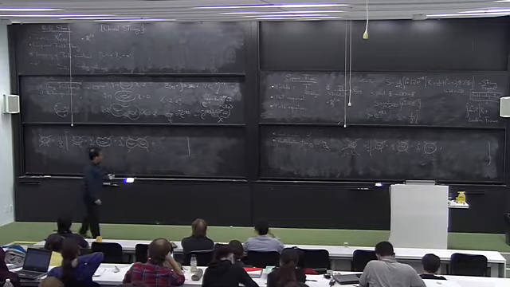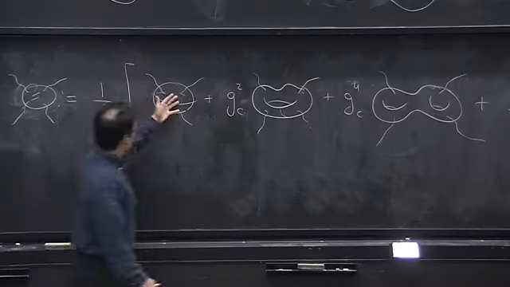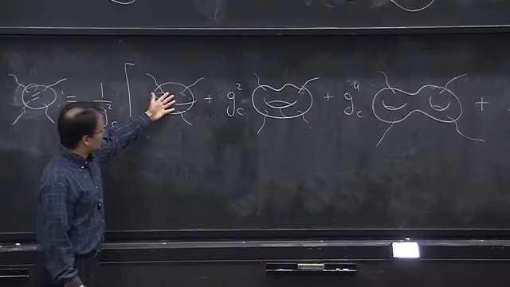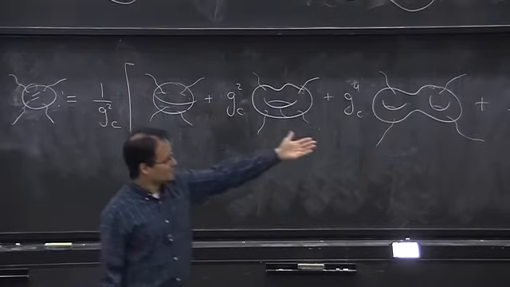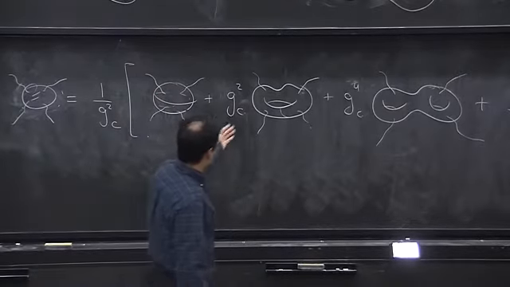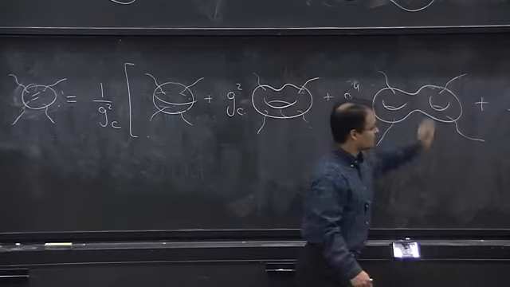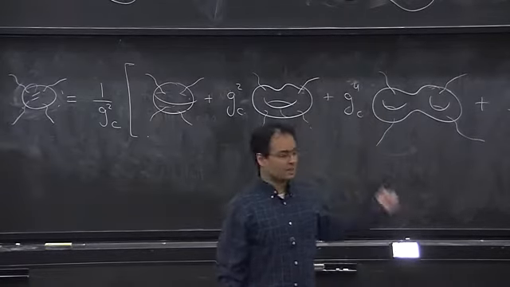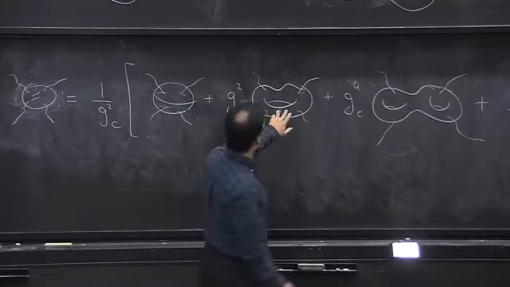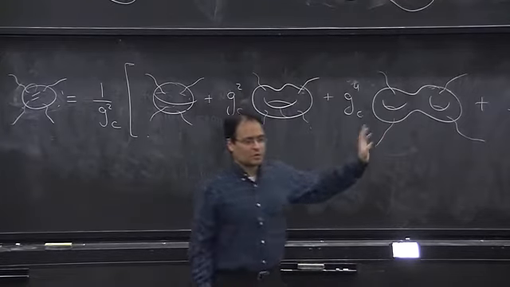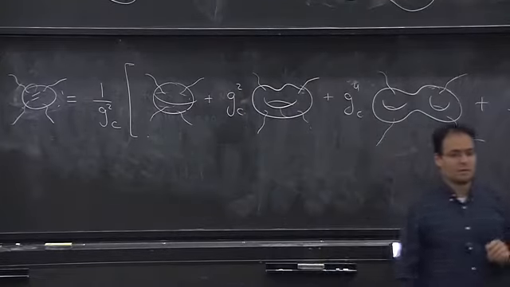Because that's something that people check. If you do this computation to leading order in alpha prime, you should get the same answer as what you get there. If you do this one to leading order in alpha prime, you should get the same thing there, and so on. So how does it happen that these end up being equivalent to so many Feynman diagrams?